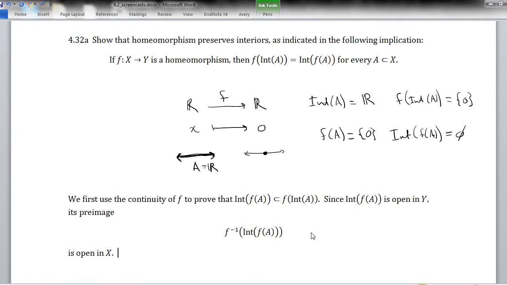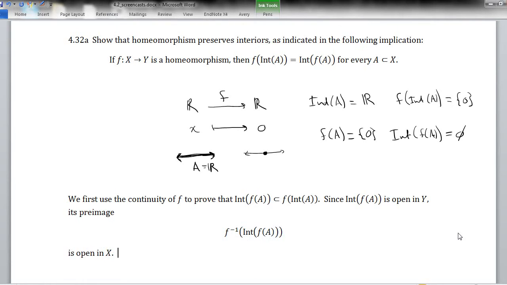I'm almost there if I could show that this was a subset of the interior of A. I know it's open. I just have to show it's contained in A, and then I'll know that it's also contained in the interior.